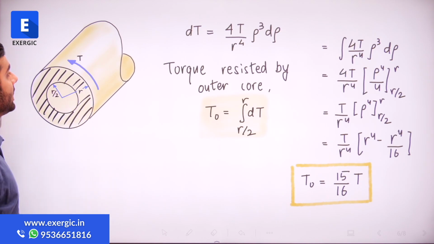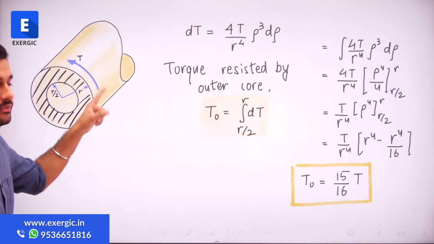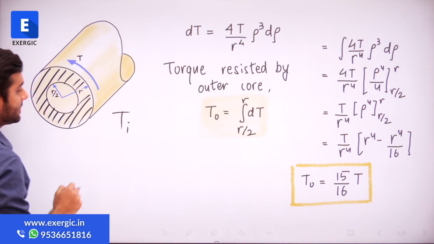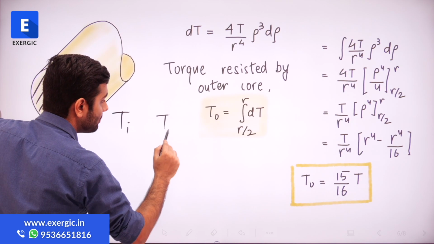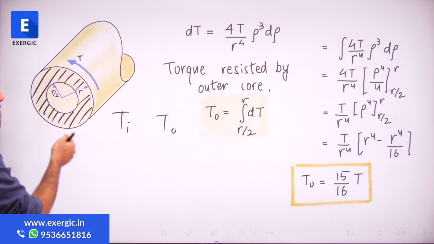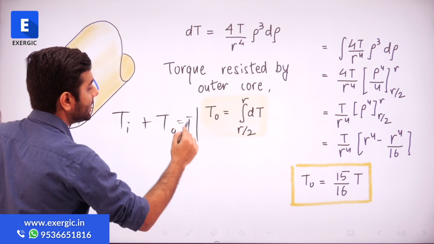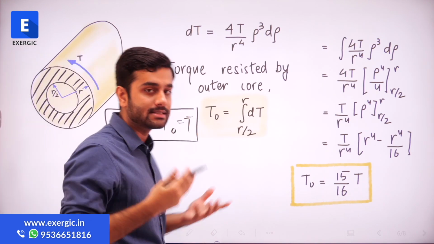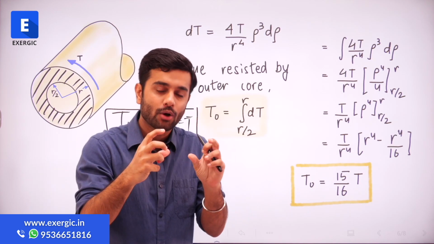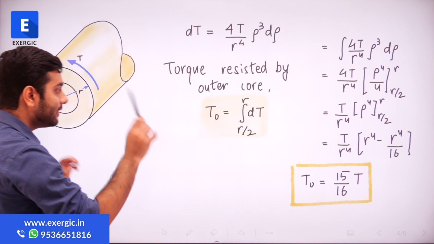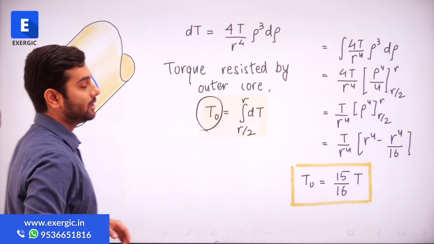As you can see here, the net torque which is being applied, some part of that torque is going to be resisted by the inner core, some part of that will be resisted by the outer core. If you add both of them together, you are going to get the net torque which is being resisted. Right now, we are interested in finding out the TO value.